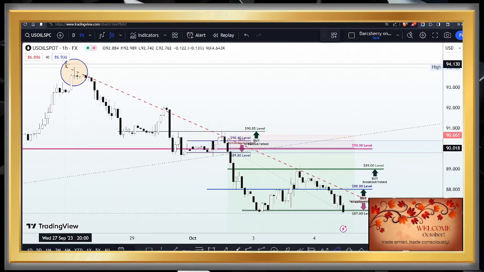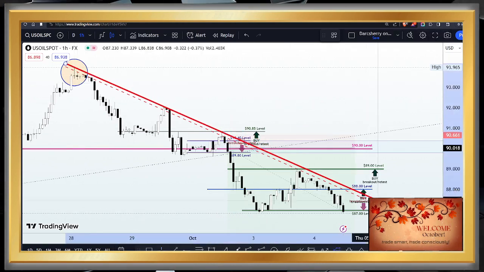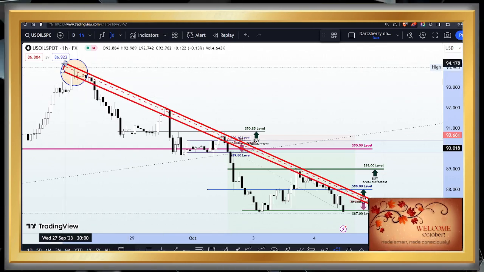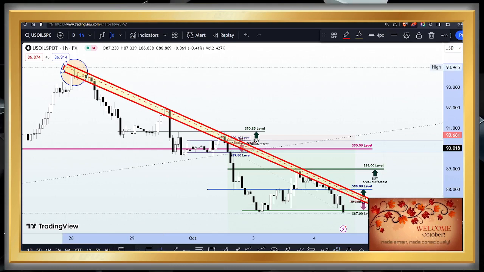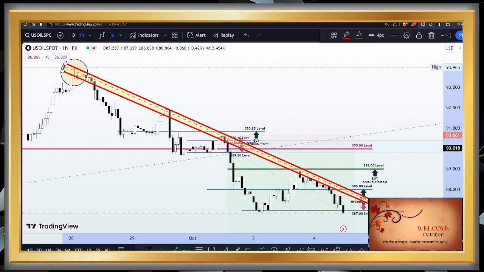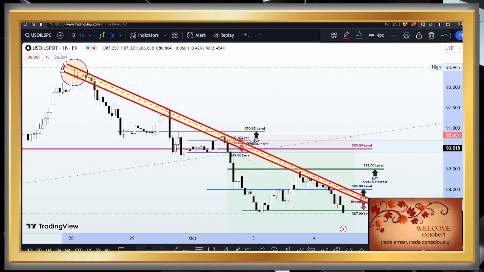And when we connected the series of lower highs here, we had this descending trend line to work with. One of our agreements here on Monday is that as long as price remains below that descending trend line, we shall continue to hold on to a bearish bias. In fact, this trend line has been of major help in guiding our bearish decisions for this week. And the only condition that will make us want to be buying the US oil spot is for this descending trend line to be breached to the upside.